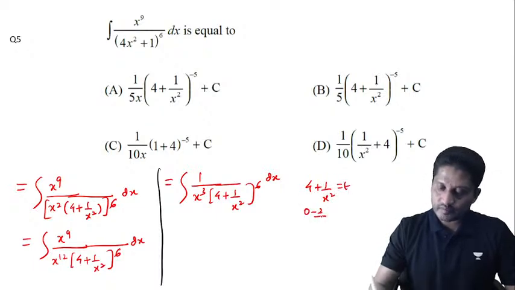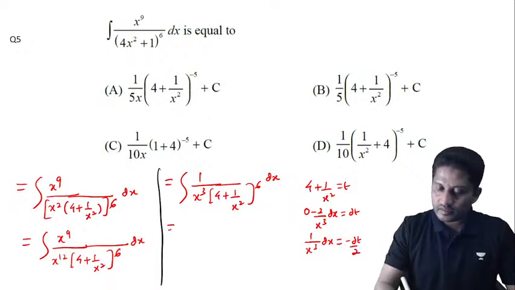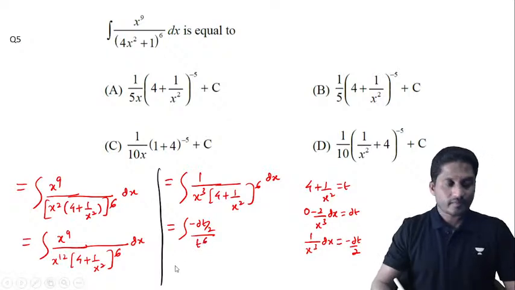Differentiation of 1 by x square is minus 2 by x cube dx, equal to dt. And from this I can write 1 by x cube dx is equal to minus dt by 2. This is minus dt by 2 t to the power of 6.